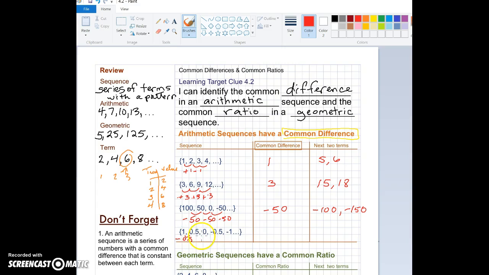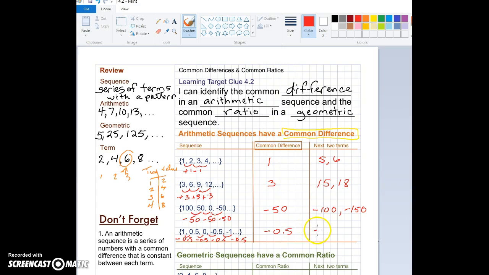And then from 0.5 to 0, I subtracted or added another negative 0.5. And from 0 to negative 0.5, again, negative 0.5. And from negative 0.5 to negative 1, another negative 0.5. So my common difference is negative 0.5. And what would be my next two terms? Go ahead and write those in.